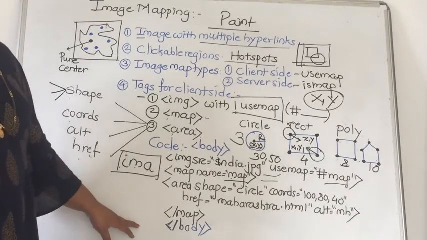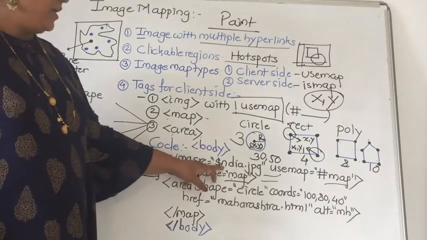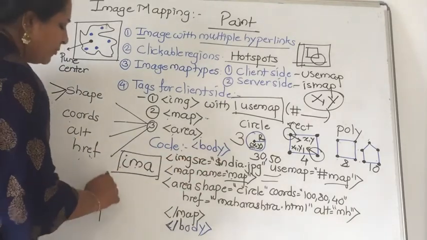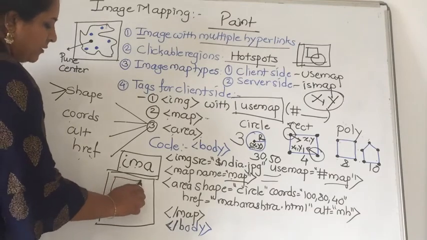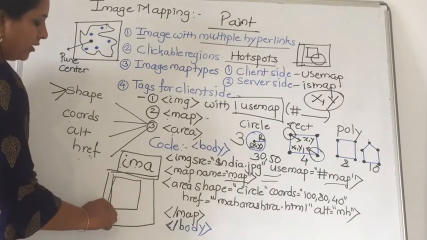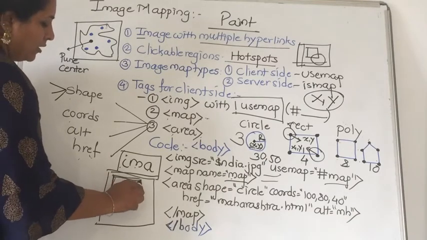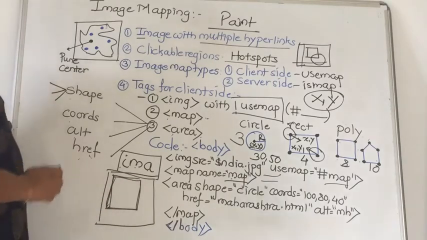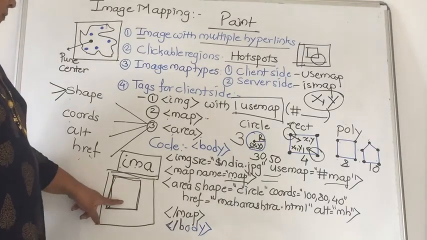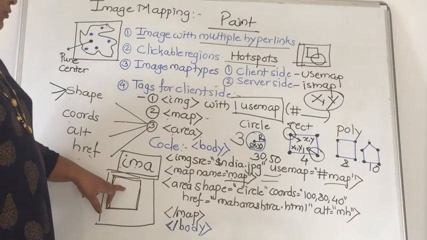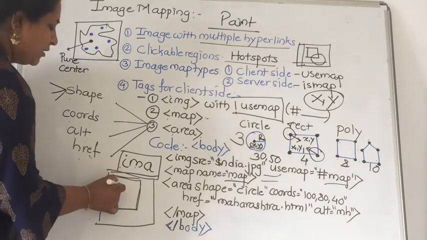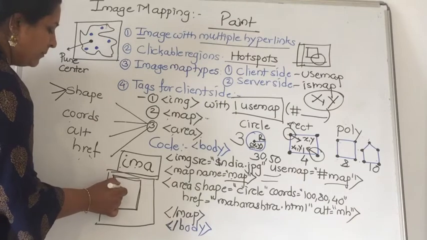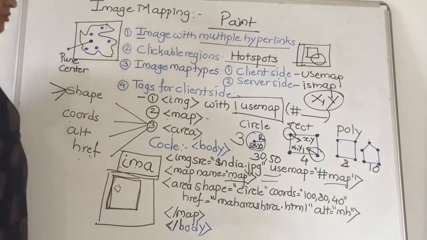So now when I run the code, first the image will get inserted. Suppose this is your India image, where you will get a blue color hyperlink border. So here this is my image. Then usemap equal to hash map, and the map will find the coordinates. Suppose a dotted circle will come for Maharashtra.